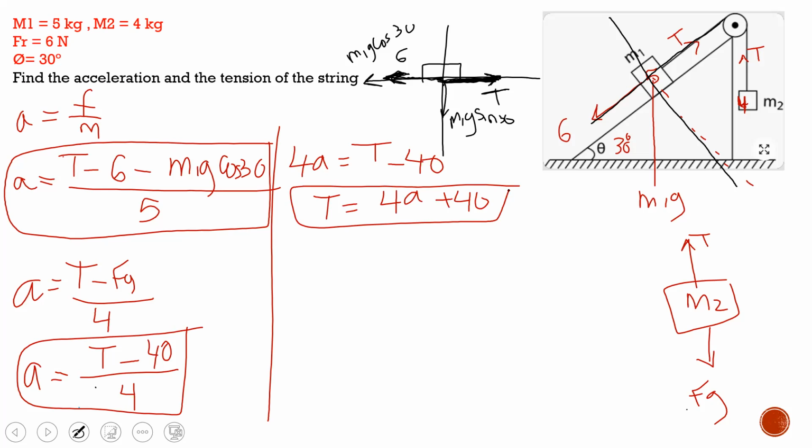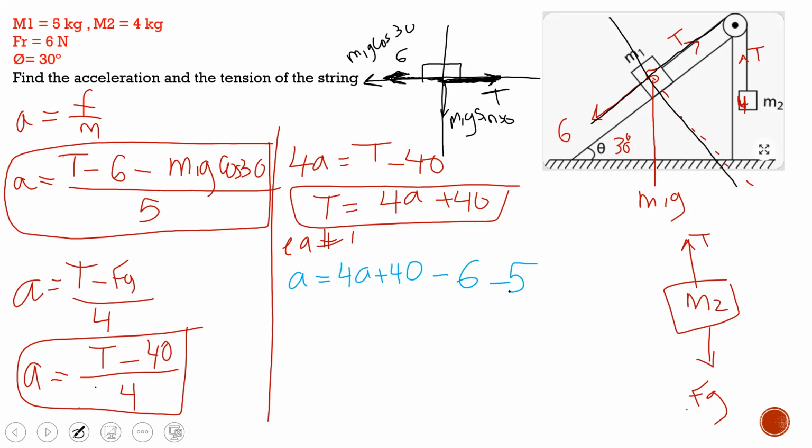Let's replace now in equation number 1. In equation number 1, we have a is T, but replace it with 4a plus 40, minus 6, minus M1, which is 5, times g, so it is 50, times cosine 30.